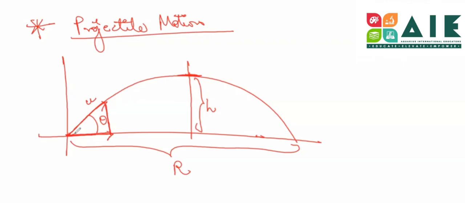This is my horizontal, this is my vertical. By calculating this and this, applying Pythagoras theorem, I can take out my hypotenuse. Vectors have the specialty that they can shift from their positions without changing their magnitude and their direction.